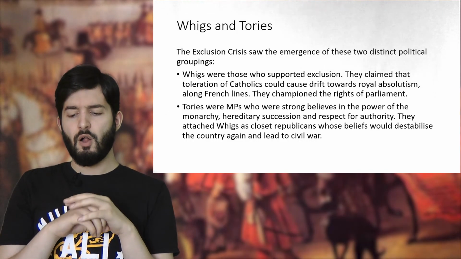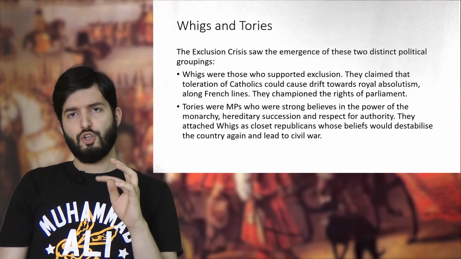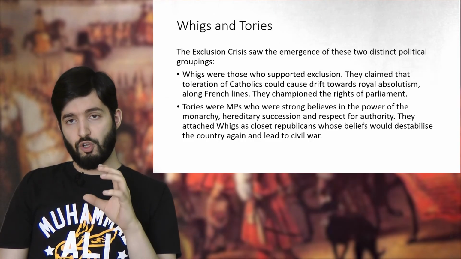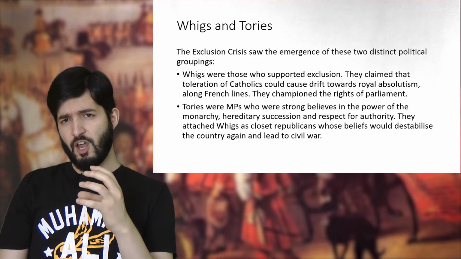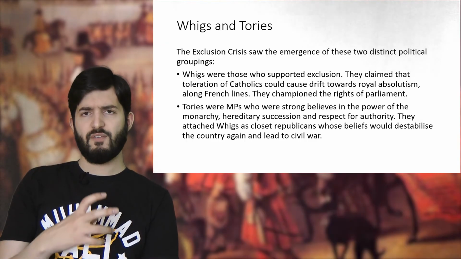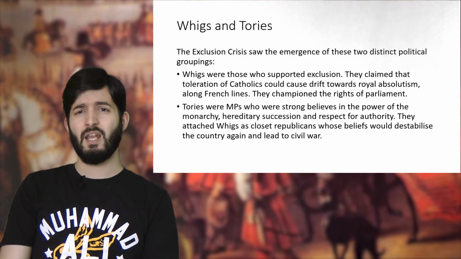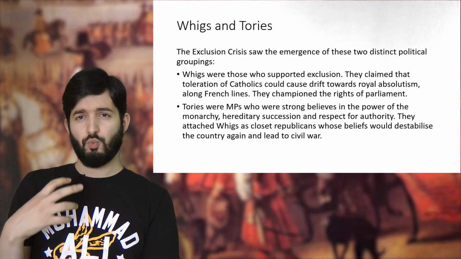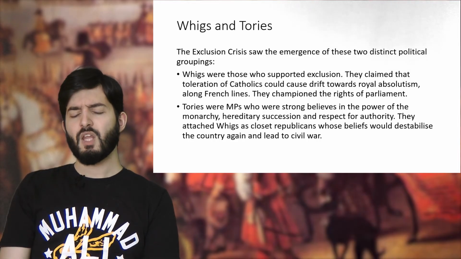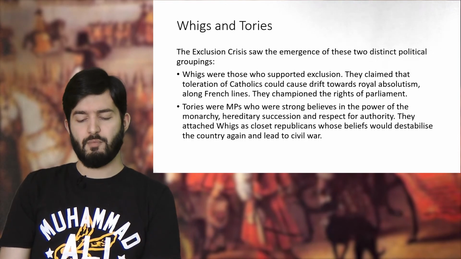They claim that toleration of Catholics could cause a drift towards royal absolutism. And so they have this fear of royal absolutism coming from Catholic France. They also have a very strong fear of Catholicism and believe in clamping down on it because they believe it would also result in a trend towards royal absolutism along the French lines. And in response, they also champion the rights of Parliament.